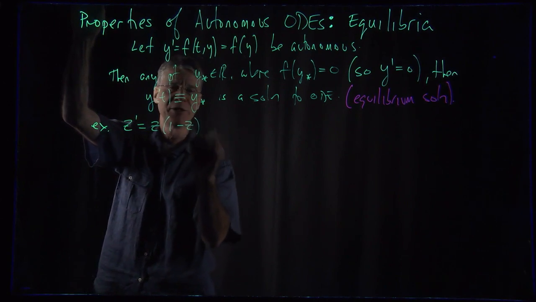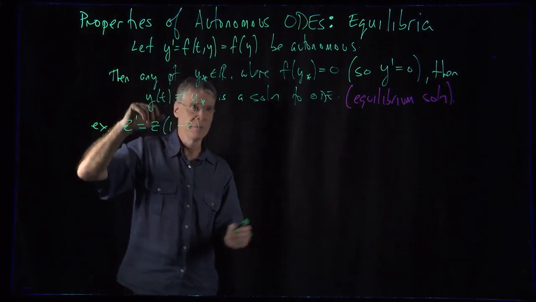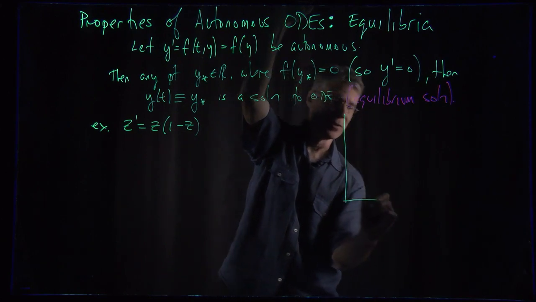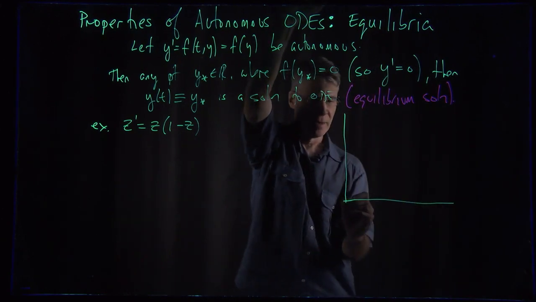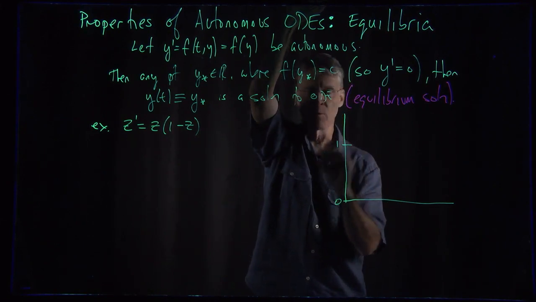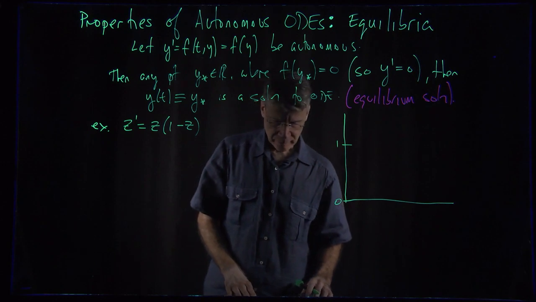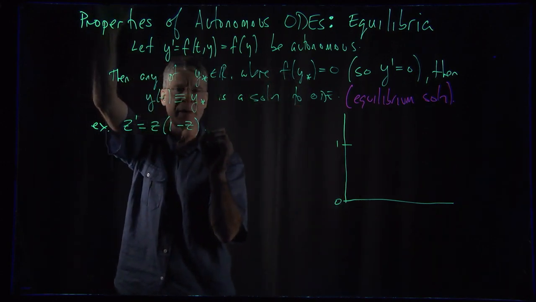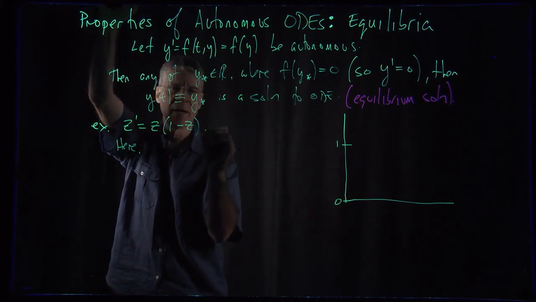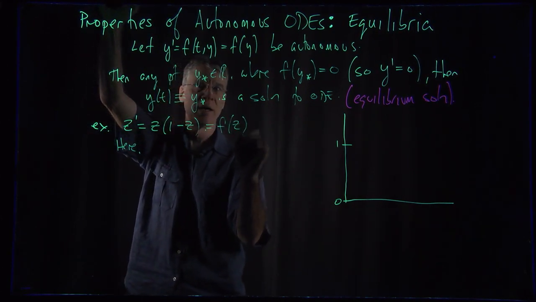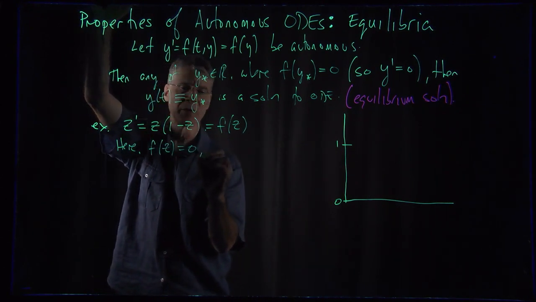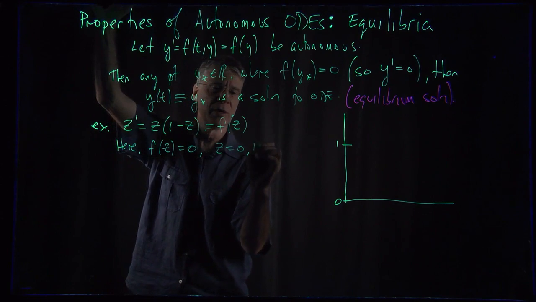I'm going to go back to my logistic equation because I like that one. And again, I want to draw a slope field for this. I'm at 0 here, and I'm at 1 here. The first thing I can notice is that, I'll call this f of z, f of z equals 0 when z equals 0 and 1.